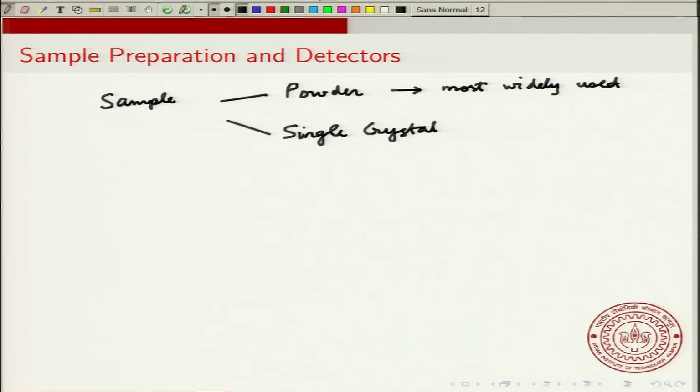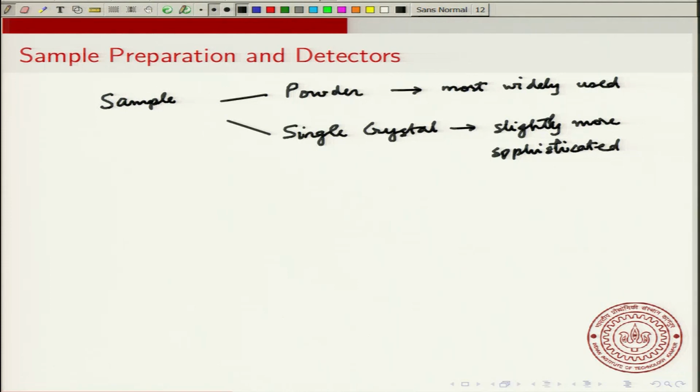It's, in some sense, the easiest instrument. Single crystal is more sophisticated, but still even single crystal X-ray diffraction is fairly widely used. Okay. So, slightly more sophisticated.